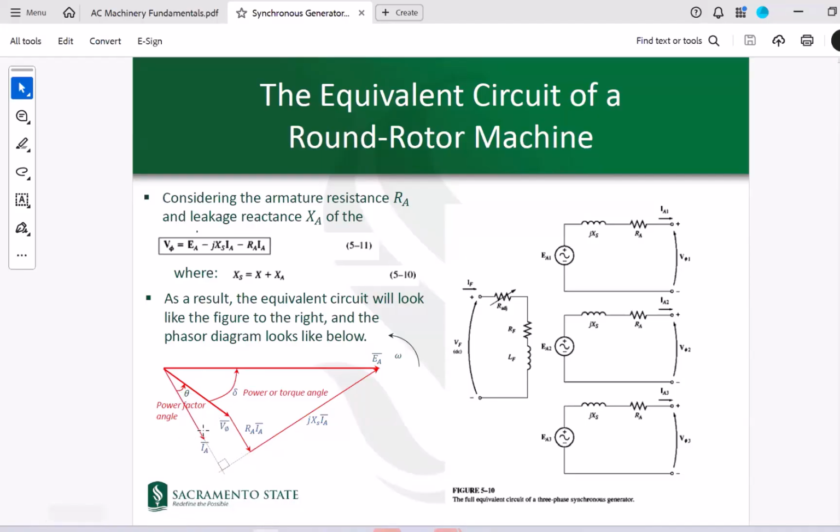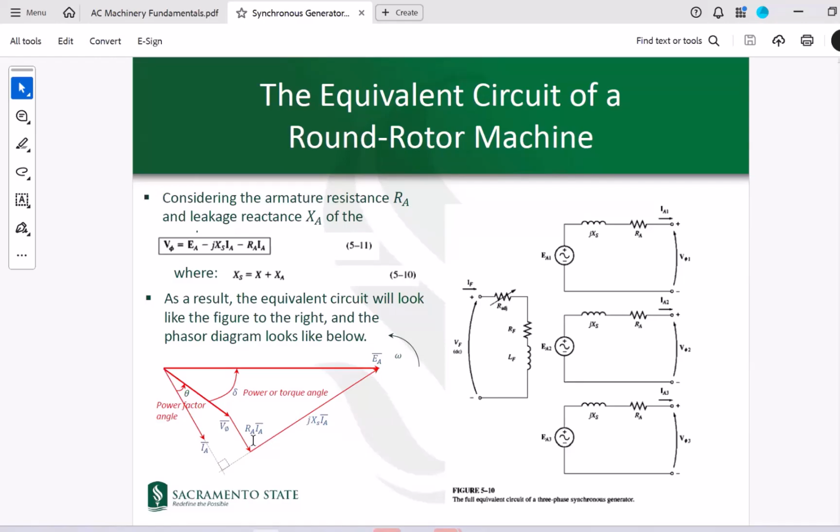Once you have this IA, you can determine the resistive portion of the voltage drop in the machine. That would be RAIA. And you can determine the reactive portion of the voltage drop in the machine, which becomes JXSIA. Because of the J, you have a 90-degree difference. J multiplied by XS gives 90 degrees.